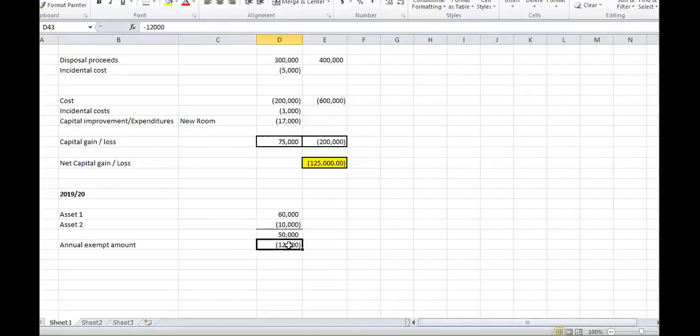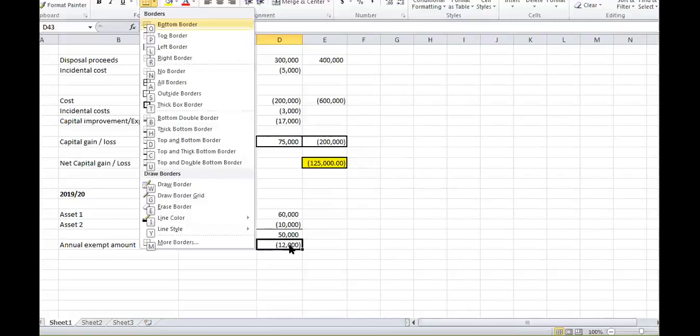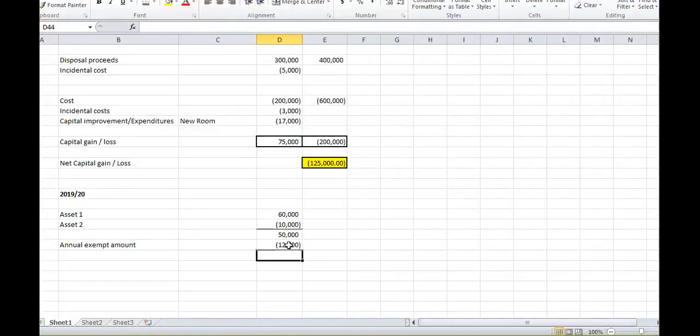So now the remaining gain is 38,000 pounds.